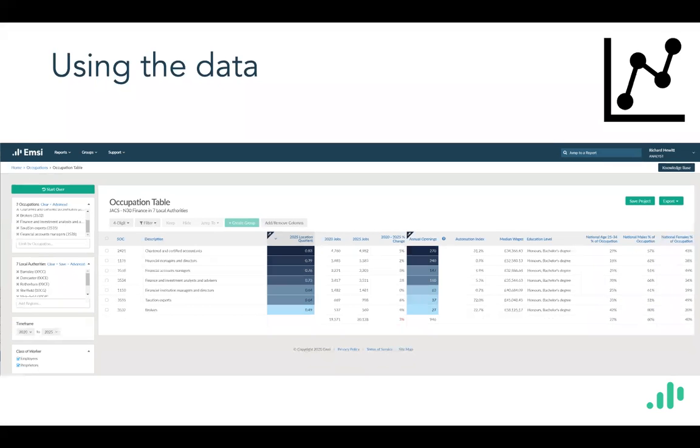Another example, in this table here, we have a 20-mile radius from Doncaster, looking at occupations relevant to JACS N30 finance. Looking at location quotient, it's not really a specialism of the area, but there are jobs and there is growth and there is some churn as well.